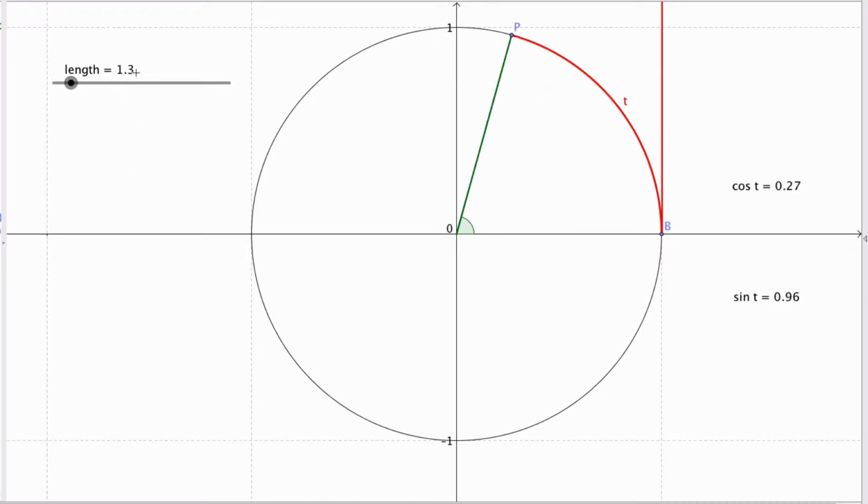Okay, what happens if I go to 3.14? Well, why would I go to 3.14? Of course, that's about pi. Where will an arc length, a piece of string 3.14 long, where will that end up with point P on the circle? Let's have a look.